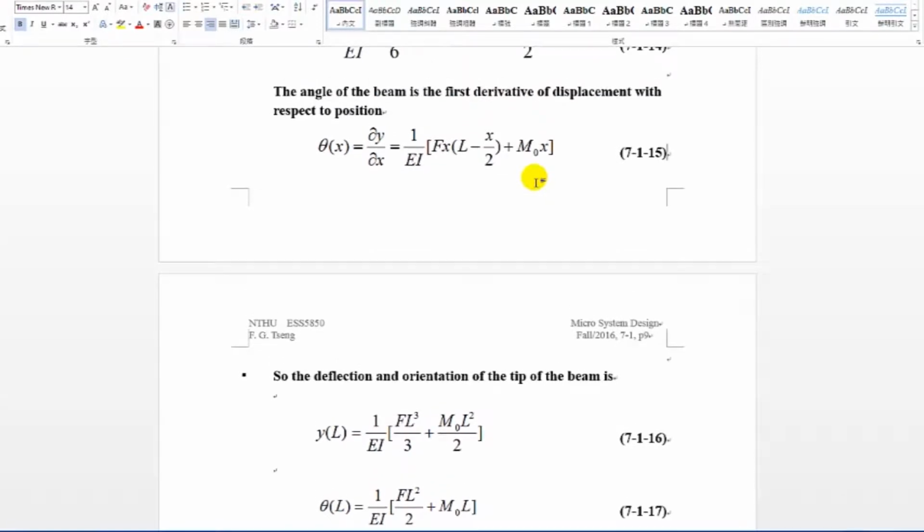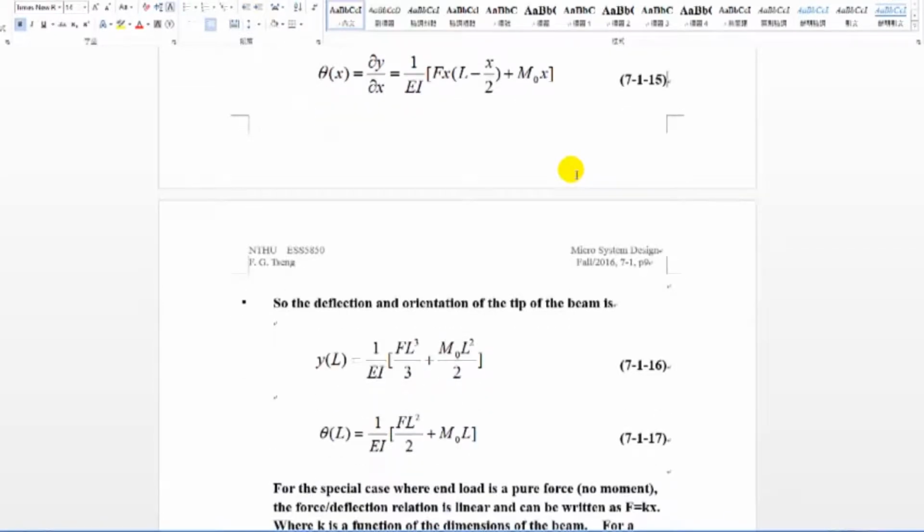So we can consider theta equal to dy/dx. You derive once and you get the angle of the curve at different positions. Put it into the tip and you get the maximum deflection like this, and also the maximum angle at the tip.